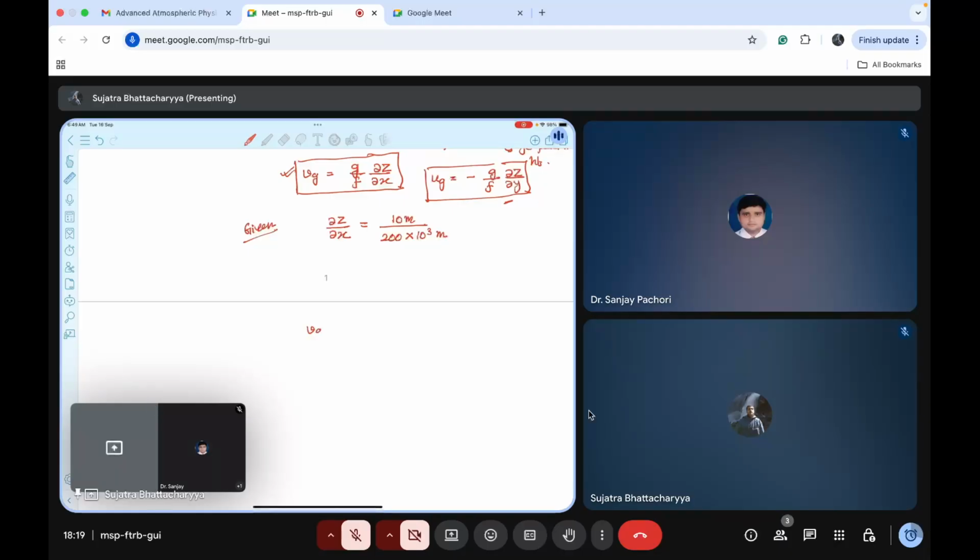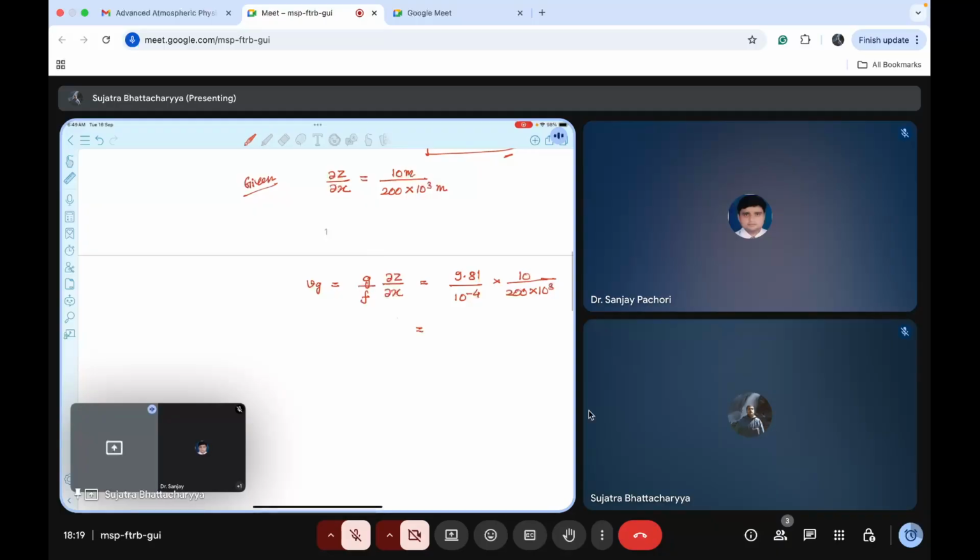All right. So Vg will be g by f, delta z by delta x. Perfect. Now this becomes 9.81 divided by 10 to the power minus 4, into 10 divided by 200 into 10 cubed.